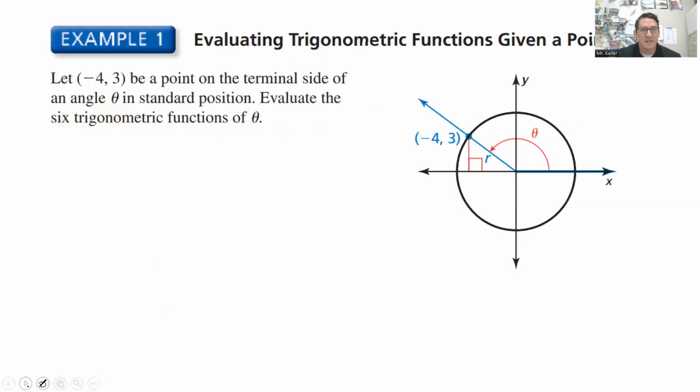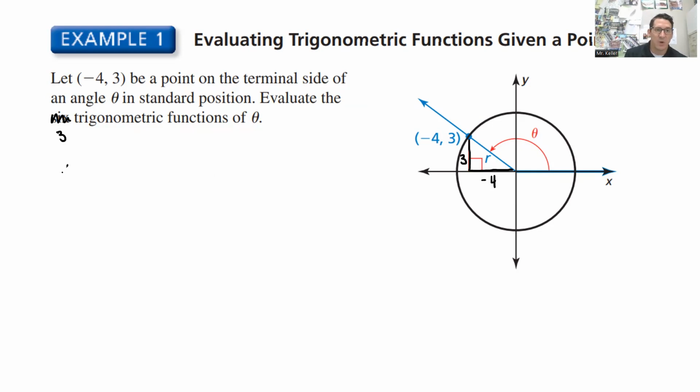All right, so let's look at an example here. Let (-4, 3) be a point on the terminal side of an angle in standard position. Evaluate the trigonometric functions. Again, we are just doing 3 trigonometric functions of theta. We don't know what theta is, but we're just going to find what those ratios are. So for this triangle, the x is -4, the y is 3. We need to find the radius.